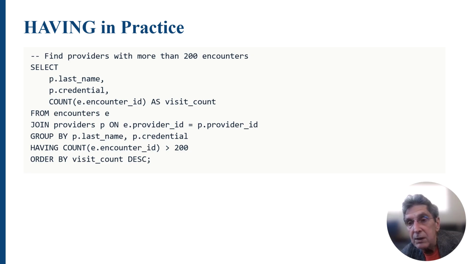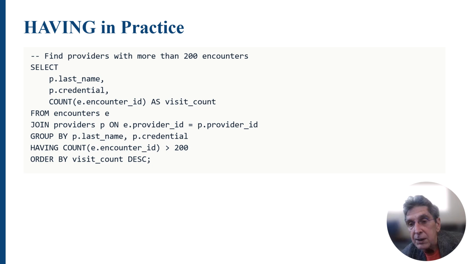And then use having to keep only the groups where the encounter count exceeds 200. So notice that the having clause uses count of e.encounter ID greater than 200. This is an aggregate condition that cannot be expressed with a where. The count has to be calculated first through group by, and then having filters the final results.